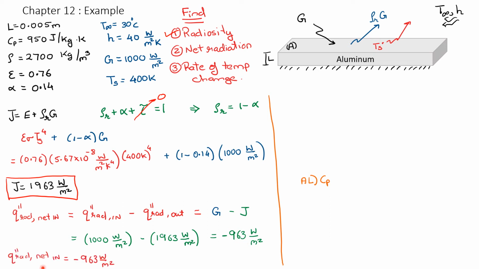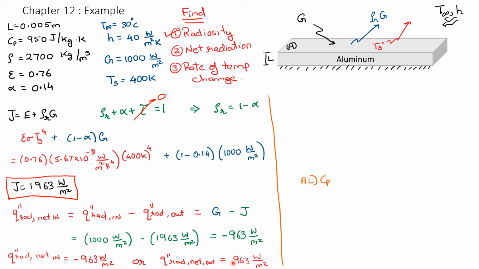Okay, so we can say that the Q rad net coming into the system is negative 963 watt per meter square, or we can say that Q rad net going out of the system is positive 963 watt per meter square.